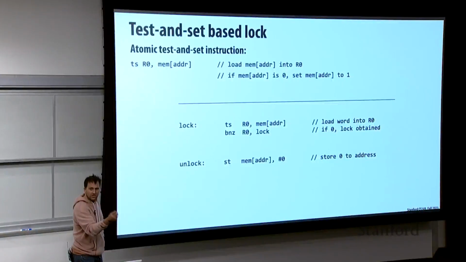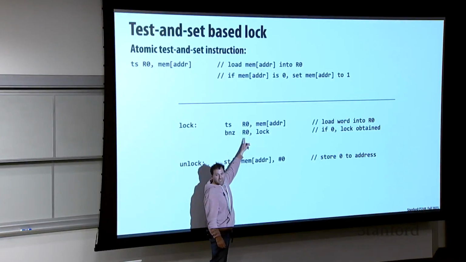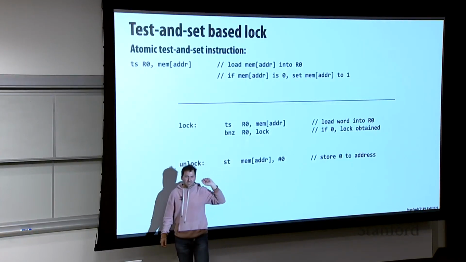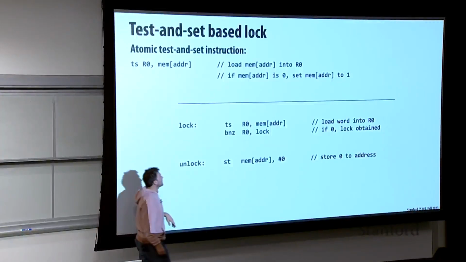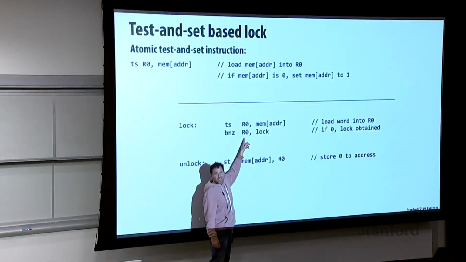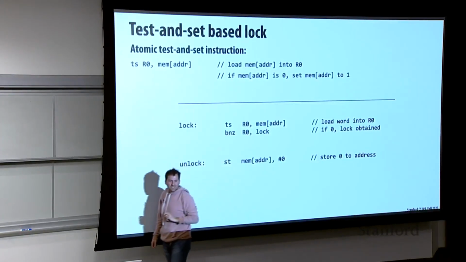This is one atomic instruction. If the value I read from memory is 0, what can I conclude? I have the lock. If the value that I read from memory is 1, what can I conclude? I don't have the lock, and I'm going to branch, if non-zero, back up and try again.